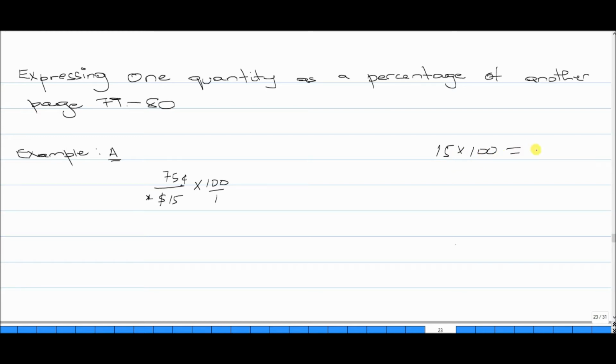We would simply add 2 zeros to our 15 and we have 1,500. So where we have $15, we would write 1,500 cents. If we were to rewrite this, it would be 75 over 1,500 multiplied by 100 over 1.